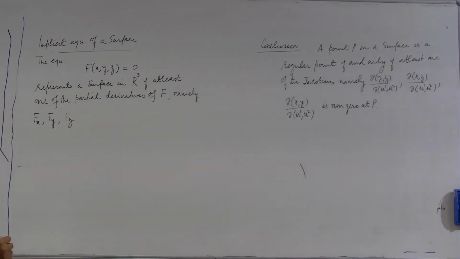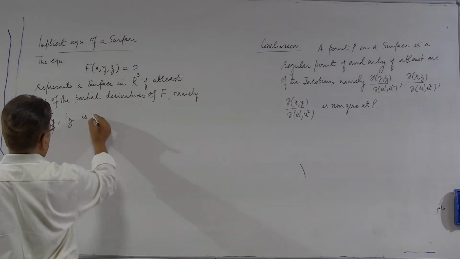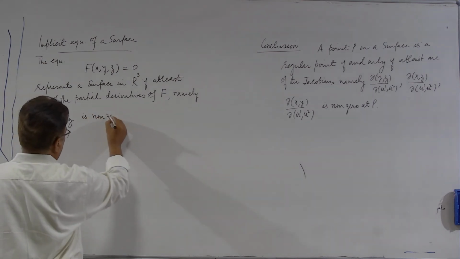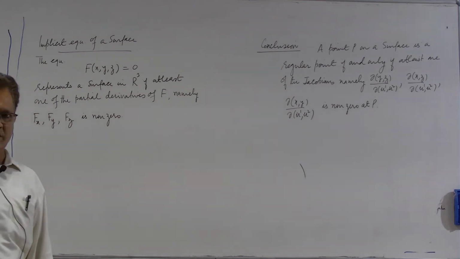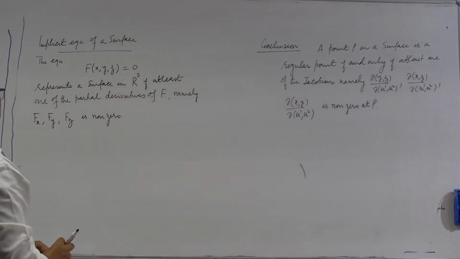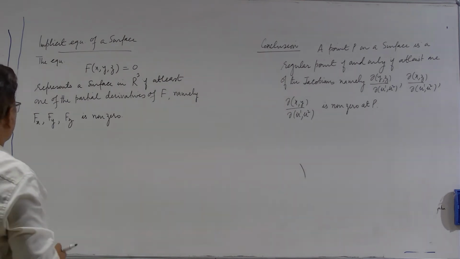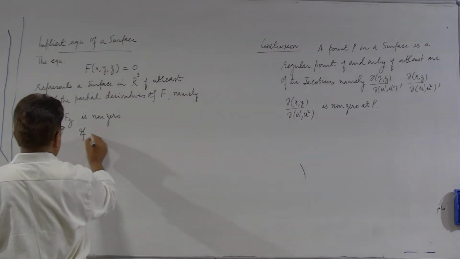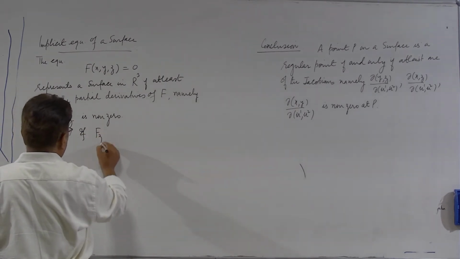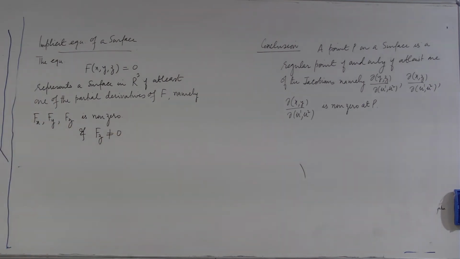Okay. So, one of these partial derivatives is non-zero. Then only such an equation will represent a surface, otherwise you can't get a surface from such an equation. Now, what happens is if f z is non-zero, for example, then there is a famous theorem called implicit function theorem.